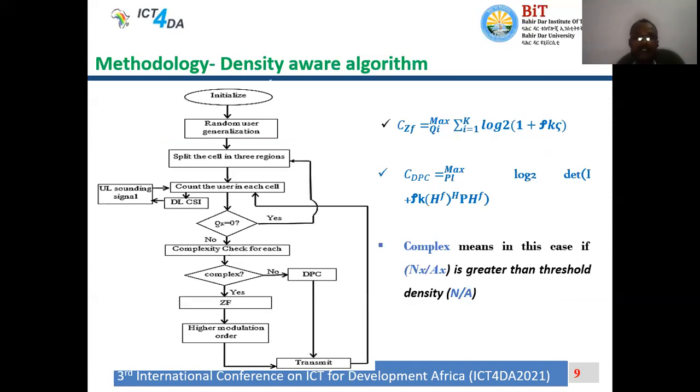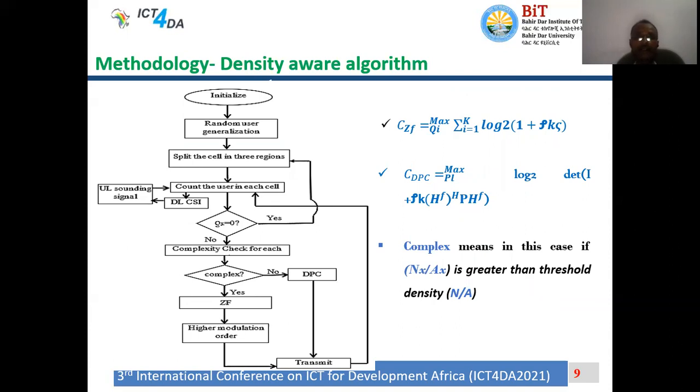And to achieve the desired objective, we have assumed some parameters like maximum cell range, operating frequency, which is in the millimeter range, and the transmit power of the base station.